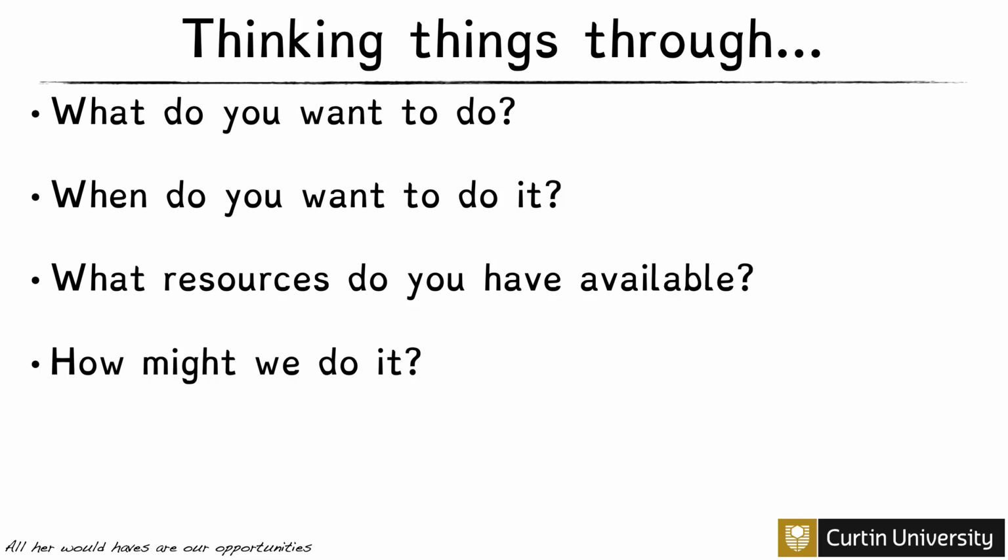What do I mean by that? Well, we need to think through what it is we want to do. We have to think, when do we want to do it? What resources are available? And how might we do it? So you're going, David, I know I get this, but I'm not quite sure. Well, our IoT devices have some limited capabilities. Yes, we can have huge amounts of power in things like our phones.